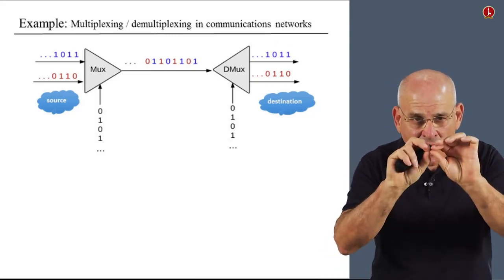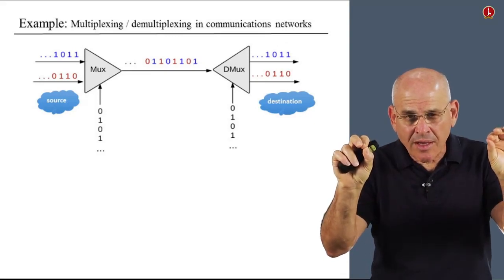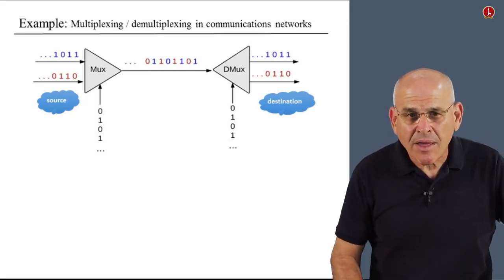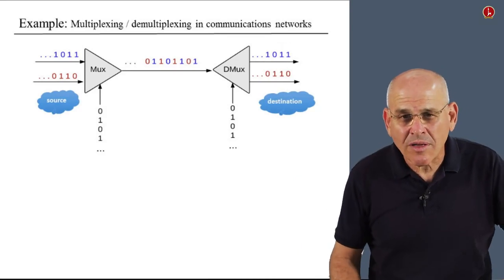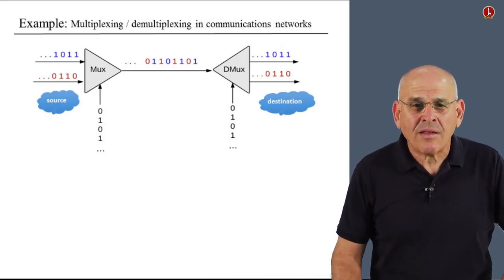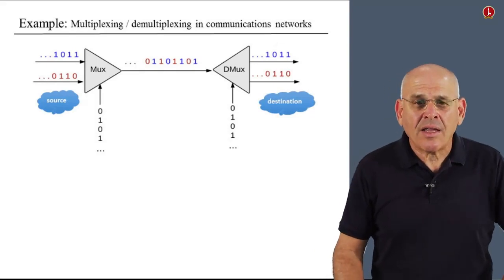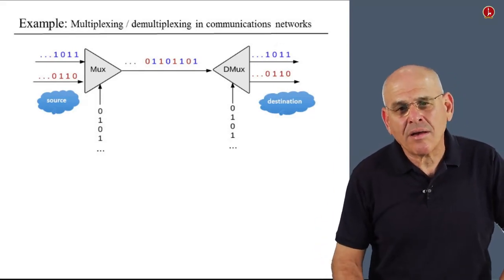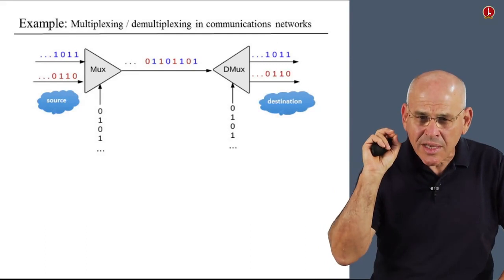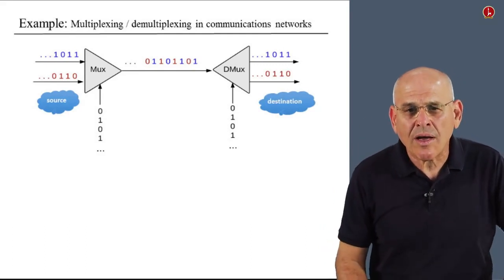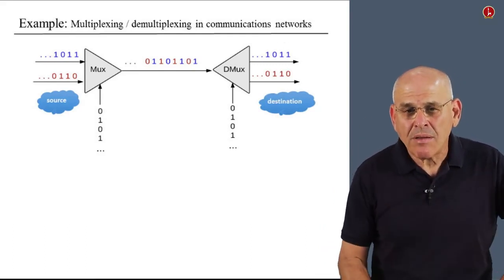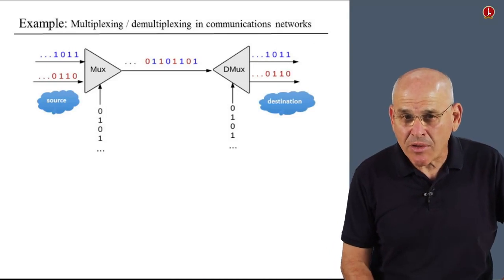The single line in the middle of the slide can be 5,000 kilometers long, and it may be an underwater line or a satellite line. Through this single line, I want to send multiple messages. How can I possibly do it?